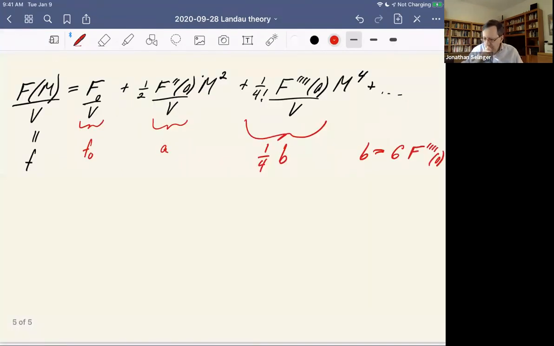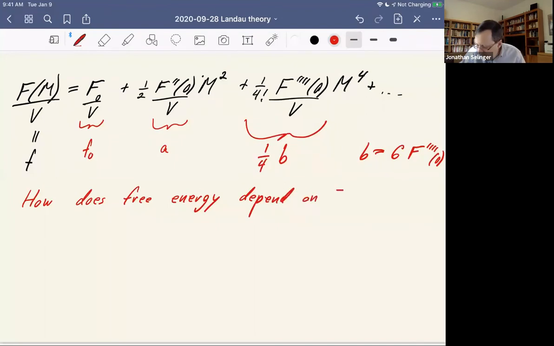Okay, but before that, let's think about temperature. How does the free energy depend on temperature? Okay. Well, so we know from the examples that we've dealt with so far, right, that the free energy is a function of temperature as well as M, right?